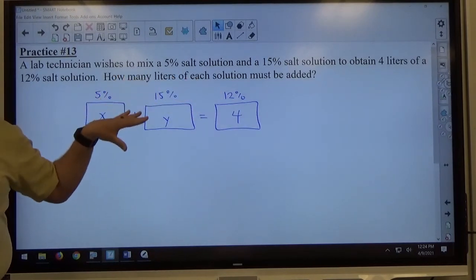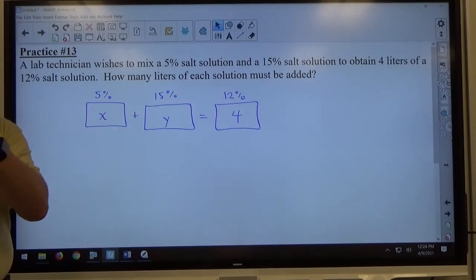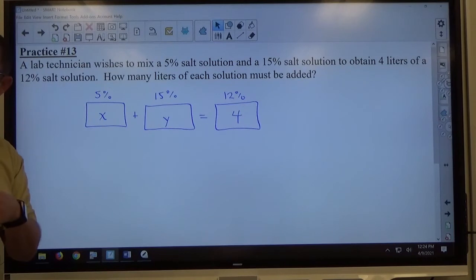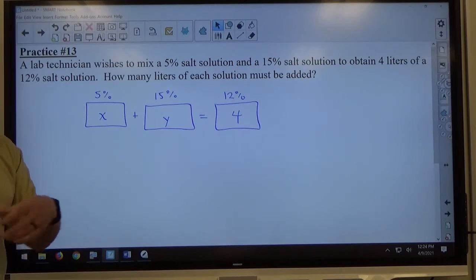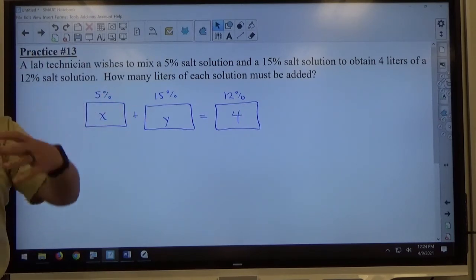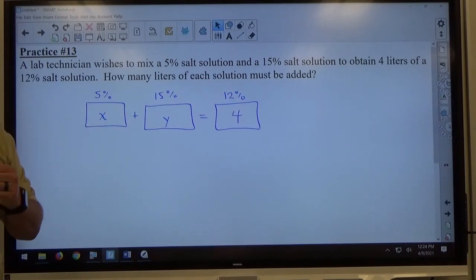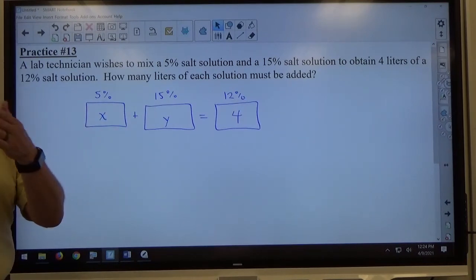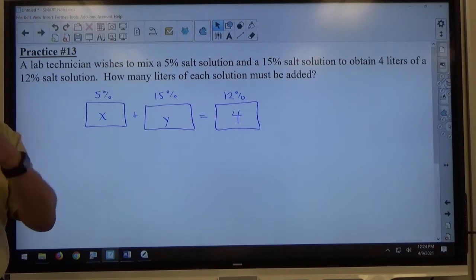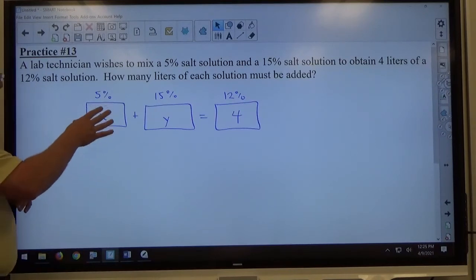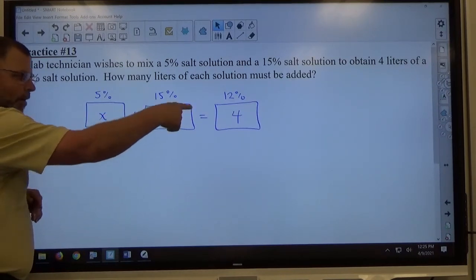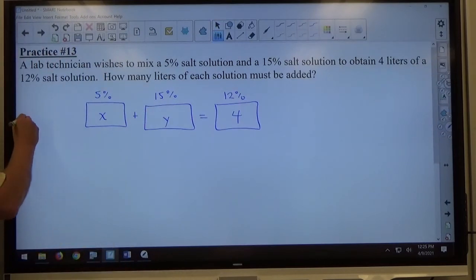I don't know how much salt's involved in each of them, but I'm pouring in some liters of the salt mixture and some liters of the bigger salt mixture. Together, I poured in 4 liters. Maybe it's 1 and 3, maybe it's 2 and 2, maybe it's 3 and 1, maybe it's 1.5 and 2.5. I don't know what it is. But some of this and some of that together makes 4. I know for a fact that X plus Y has to equal 4.